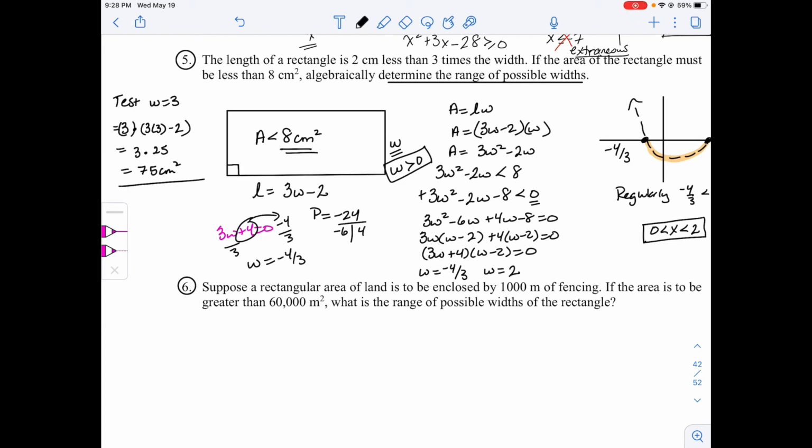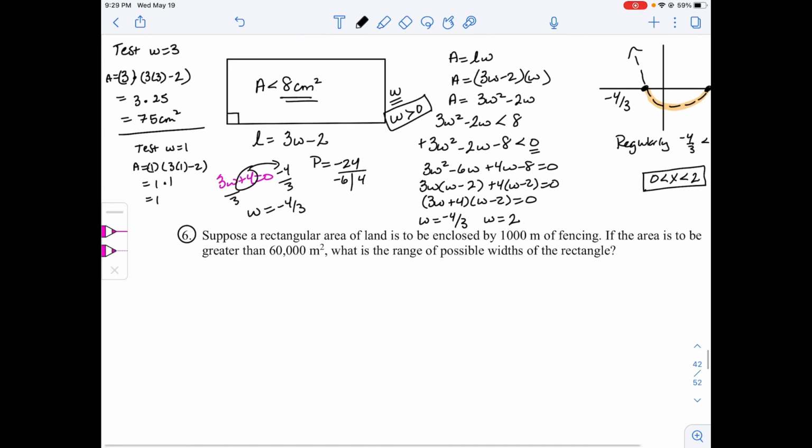So let's test something between 0 and 2, such as a width of 1. That's a nice whole number. Our area would be our width of 1 times 3 times 1 minus 2, which would be 1 times 1, which would give us an area of 1 square centimeter.